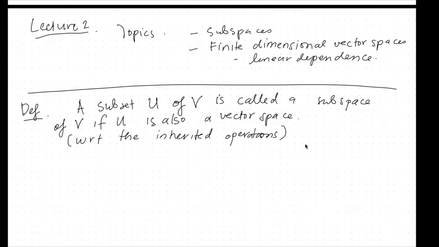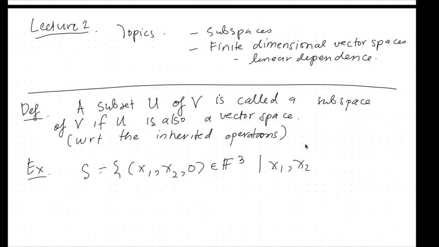Okay. As an example, you can check that the set S defined as the ordered triple in F3 where x1 and x2 are elements of F is a subspace of F3.